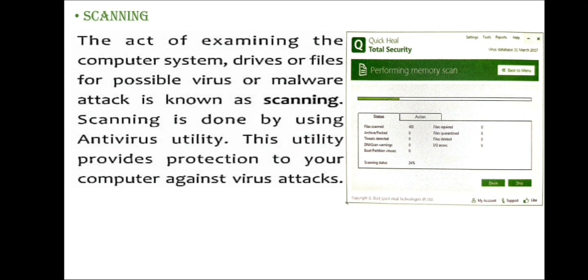There are different types of antiviruses available in the market, and you can also download them from the internet. Some of them are Quick Heal, McAfee, Avast, AVG, etc.